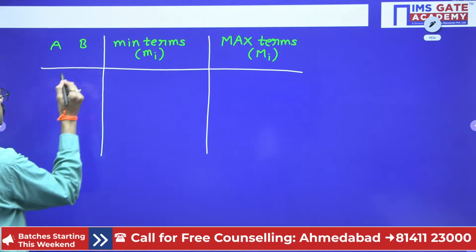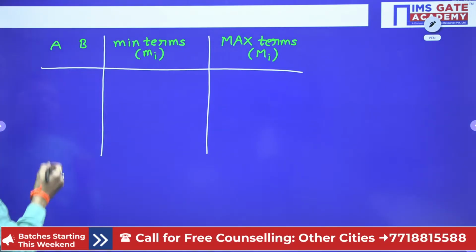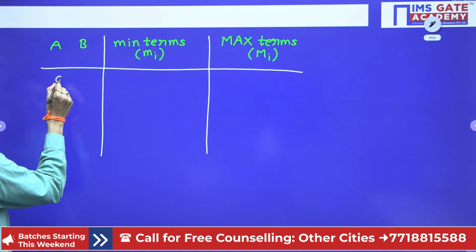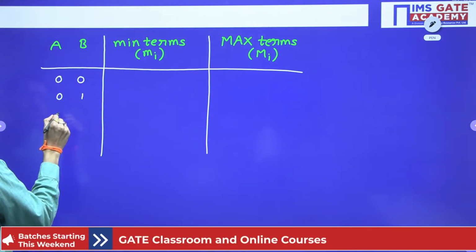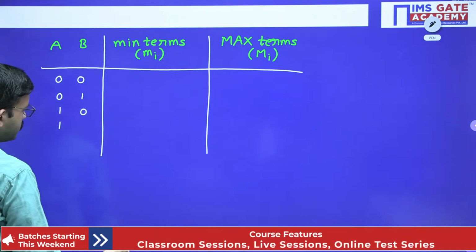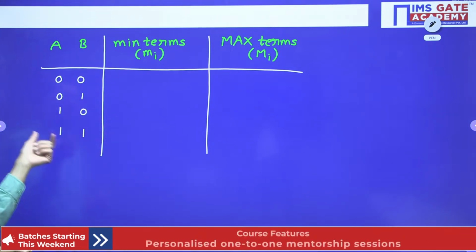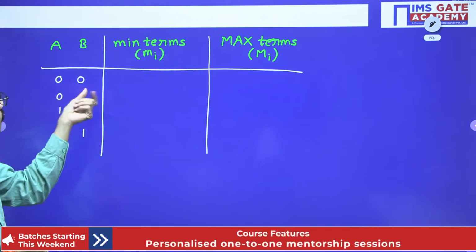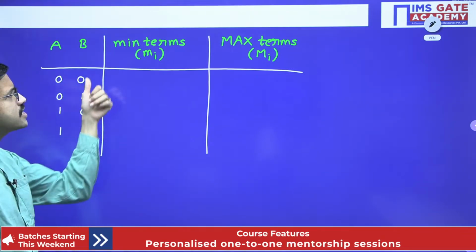When you have two variables, you have four combinations of zeros and ones. First write those four combinations: 0 0, 0 1, 1 0, 1 1. For any of these combinations, if we get output 1, then the corresponding input combination we consider as a min term.